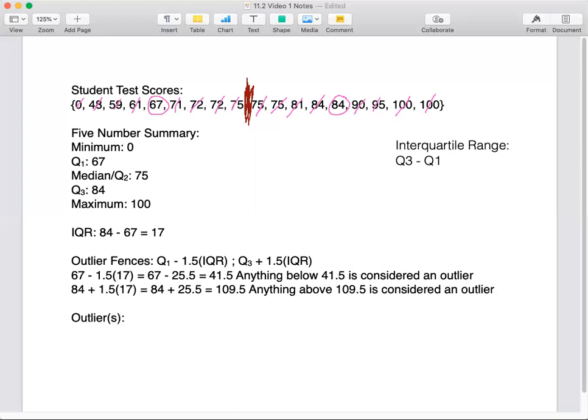And remembering the calculation for this, if you can remember the 1.5 times the IQR, and then remember that you need to use Q1 and Q3, it should be relatively straightforward to remember these formulas. Because if, for example, you accidentally use the minimum instead of Q1 and subtracted 1.5 times the IQR from it, you'd probably look at it and say, wait a minute, it's not possible for there to be any outliers if I subtract from the minimum.